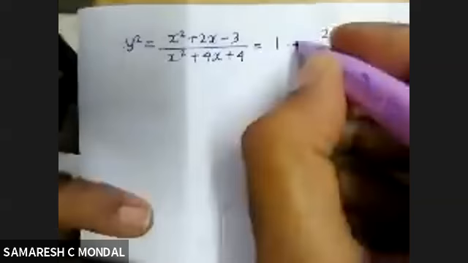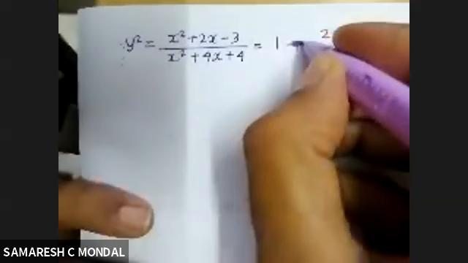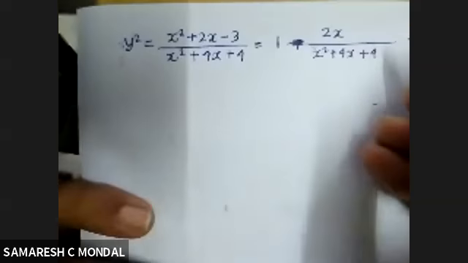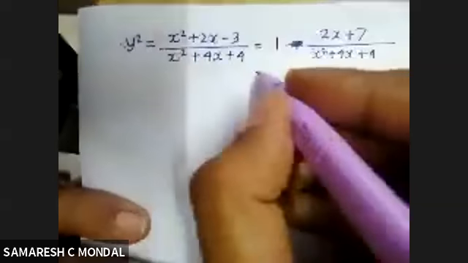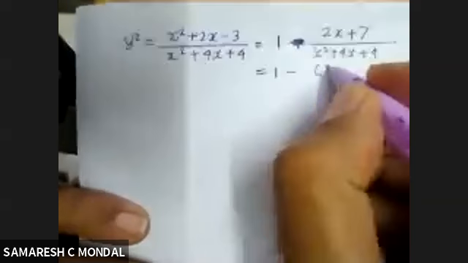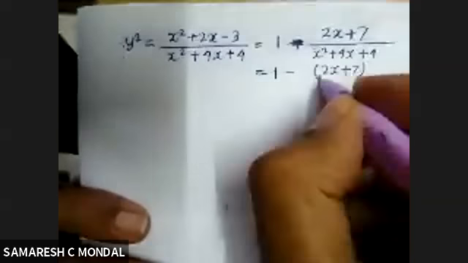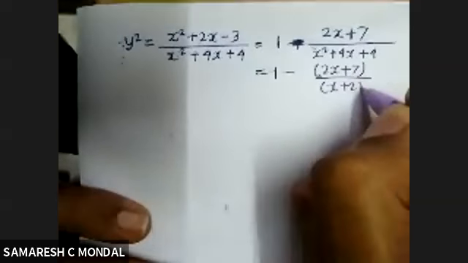So here minus 2x plus 7 will come. Fine. So for convenience, I can write 1 minus (2x plus 7) divided by (x plus 2) the whole square.